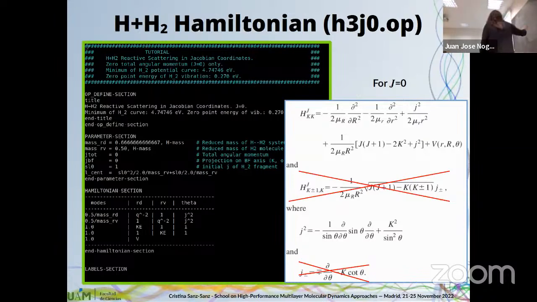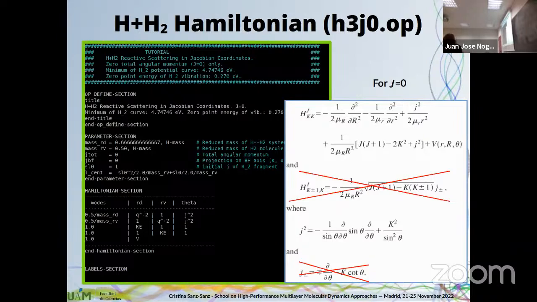And this is the total mass of the reactive coordinate. But we have to define as well the mass of the diatomic molecule, that will be the reduced mass of this diatomic system only. This is why in here we have two different masses: the mass for the H plus H2 system and the reduced mass of the H2 molecule.